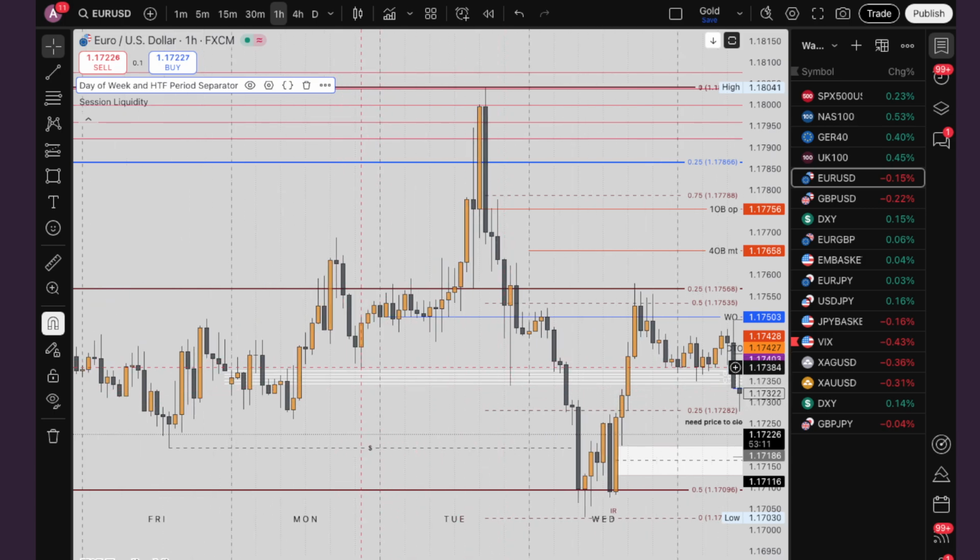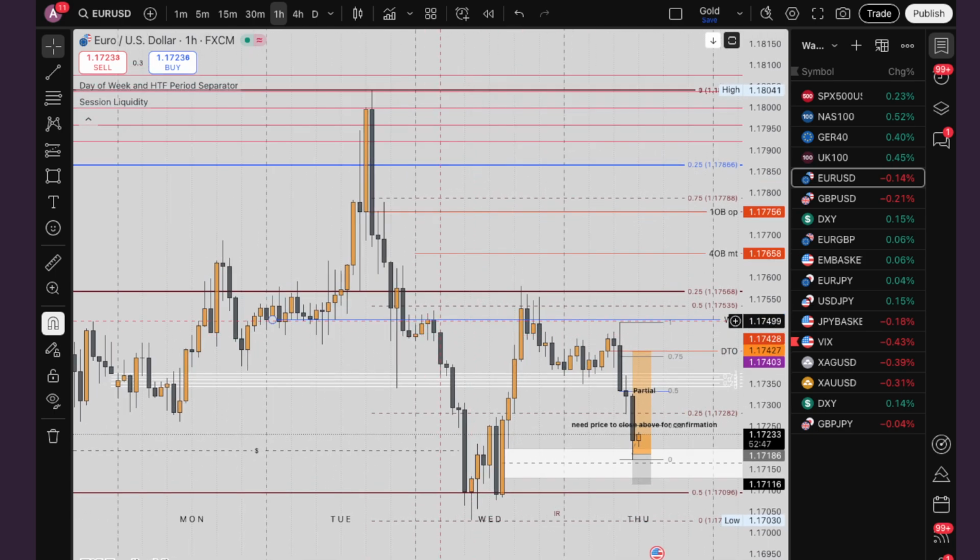Because it failed the first time. It went lower, broke it, didn't retest, went up, creating engineered liquidity, went to the midpoint. Bodies are closing at the midpoint of a daily fair value gap from before. Okay, and then straight down to the low of this new week opening gap.